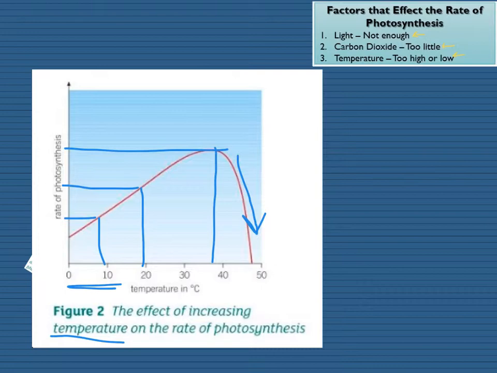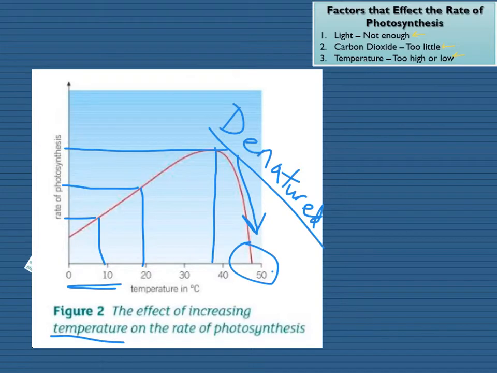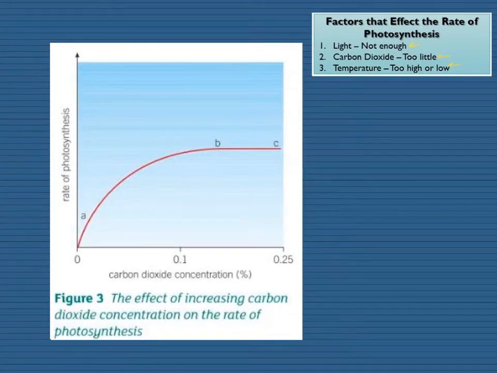However, at higher temperatures, enzymes become denatured, and that explains why at high temperatures the rate of photosynthesis drops to 0. And this last graph just shows the effects of increasing carbon dioxide, and very much like with light, you get an increase and then you get a leveling off. That's due to a limiting factor.